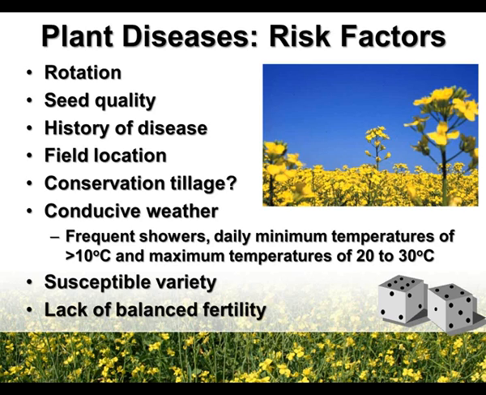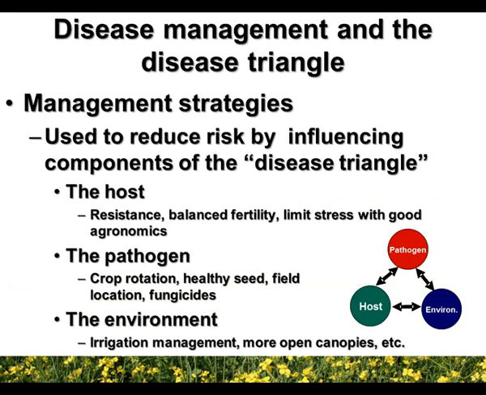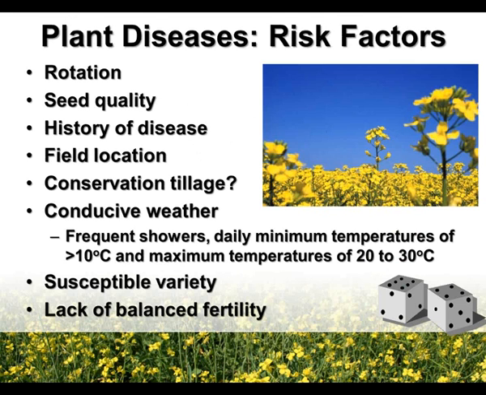And if we look at plant diseases and some of the risk factors, and these apply to all the canola diseases that you'd routinely deal with, and any of the other diseases in the other crops that you grow, probably one of the key ones is rotation. That's probably one of the mother of all risk factors. The other main one is conducive weather, but if we look at rotation, really tight rotation.